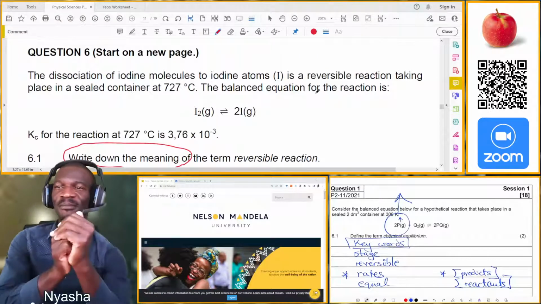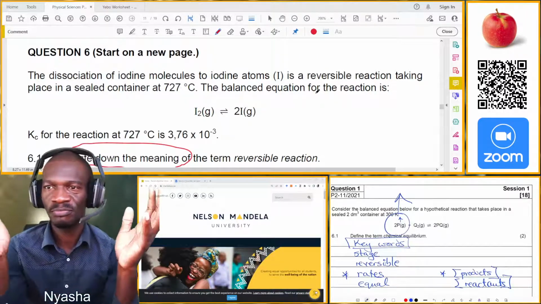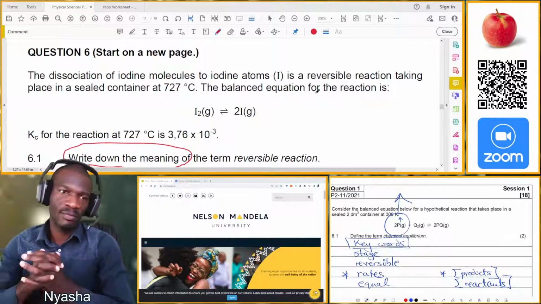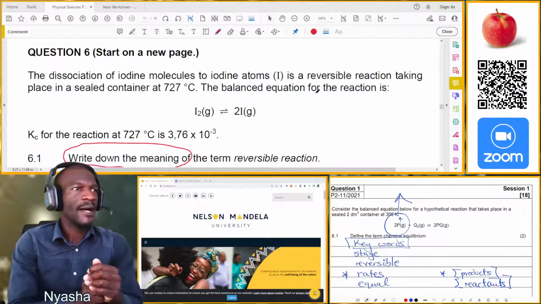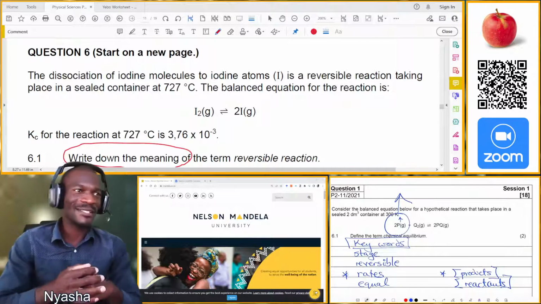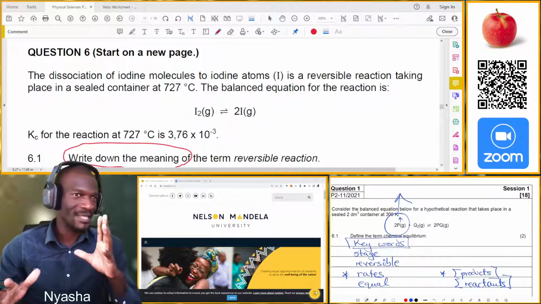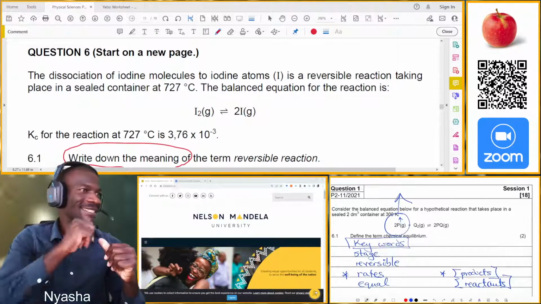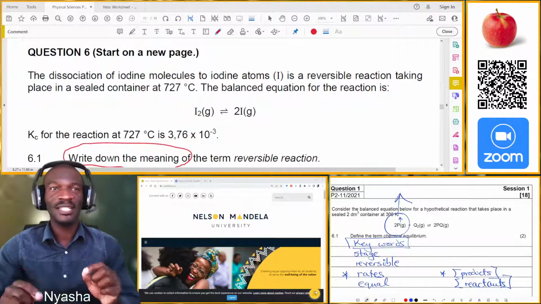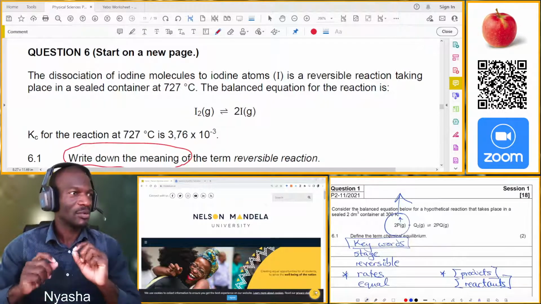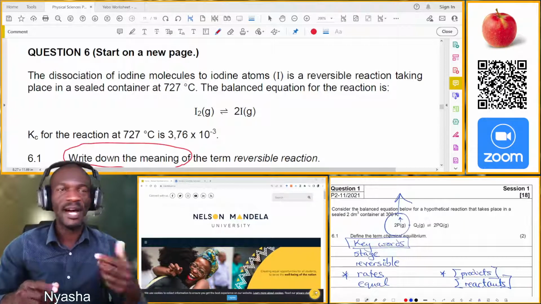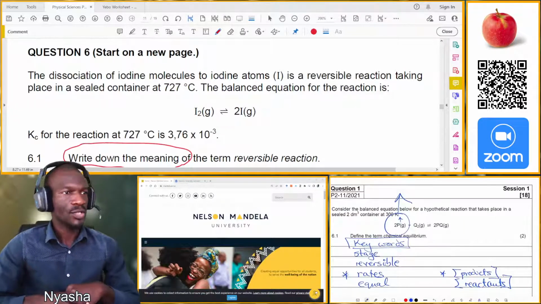So can you see something that you need to be aware of for most of your papers? It's crucial that you do not only focus on just the calculations and the multiplication and the Rice diagrams and all those problem solving. You also need to remember and to recall and to master the way to define your terms.